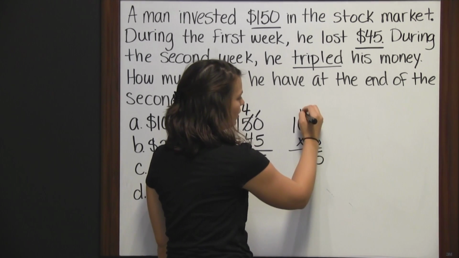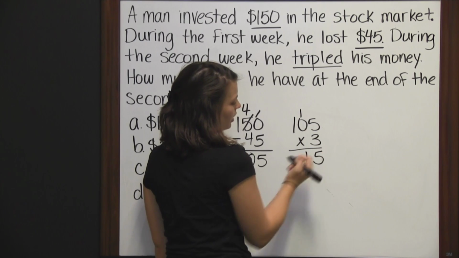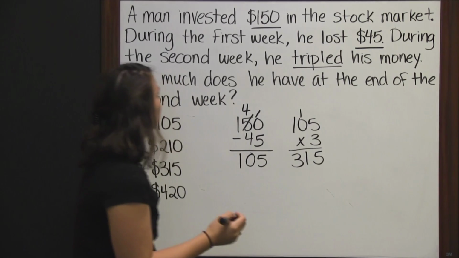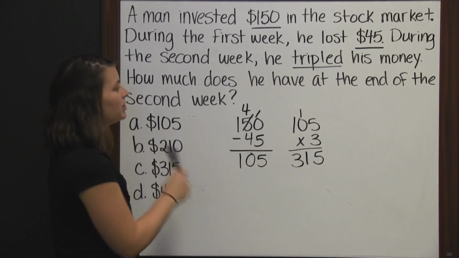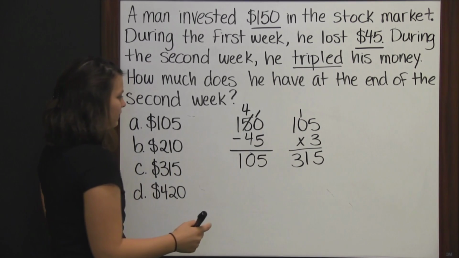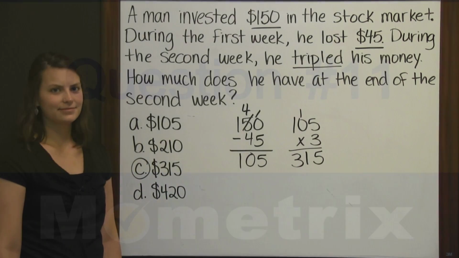Write the 5, carry the 1. 3 times 0 is 0, plus 1 is 1. And then 3 times 1 is 3. And that was during the second week. So how much will he have at the end of the second week? $315. Answer choice C.